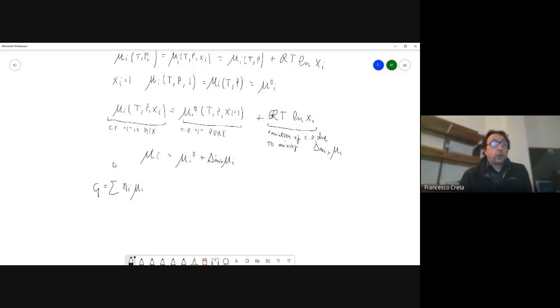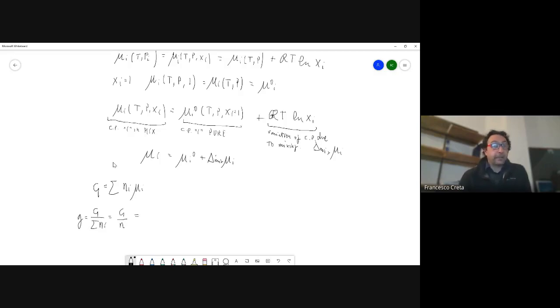In fact, we can also write the molar Gibbs energy, which is G divided by the summation of Ni, the total number of moles. So it's the Gibbs energy per unit mole, okay?